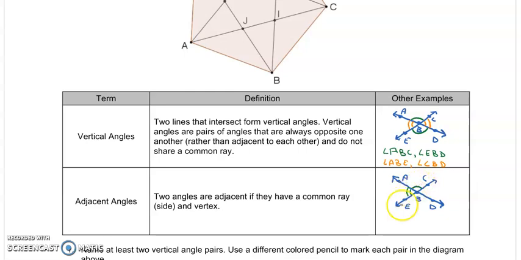Those two are adjacent. We can also say these two are adjacent, and these two are adjacent. They share a common ray and then a common vertex. So let's give ourselves an example. Angle ABC and angle ABE. Notice that the middle letter is the same because they share that common vertex.